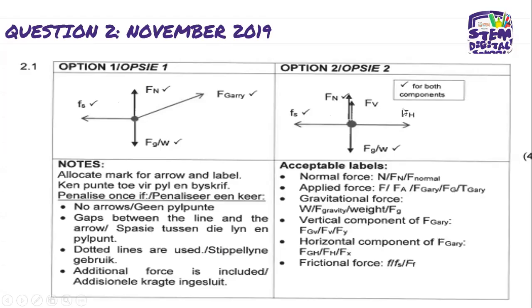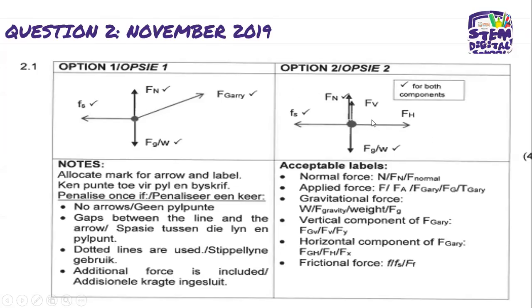Though in your rough work, this is going to be important, because you will need to be able to calculate or use the magnitude of the vertical component of the force and the horizontal component of the force to perform calculations. But the free body diagram that we want is this one and not this one.